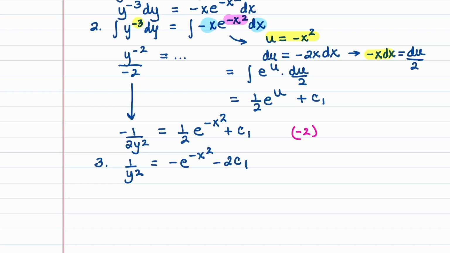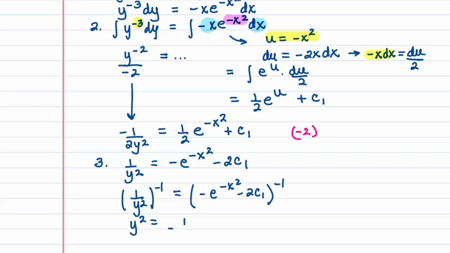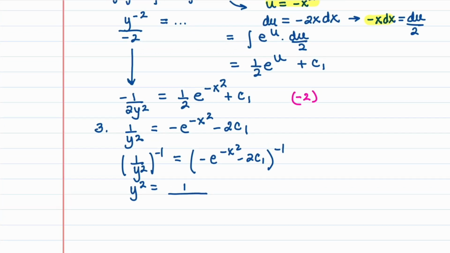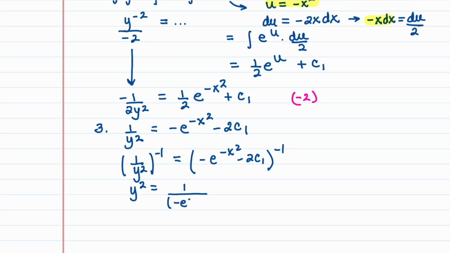Now to solve for y, we are just going to take both sides and we're going to take the inverse. This gives us y squared on the left, and then on the right, I'm going to write it as 1 all divided by minus e to the minus x squared minus 2c1.